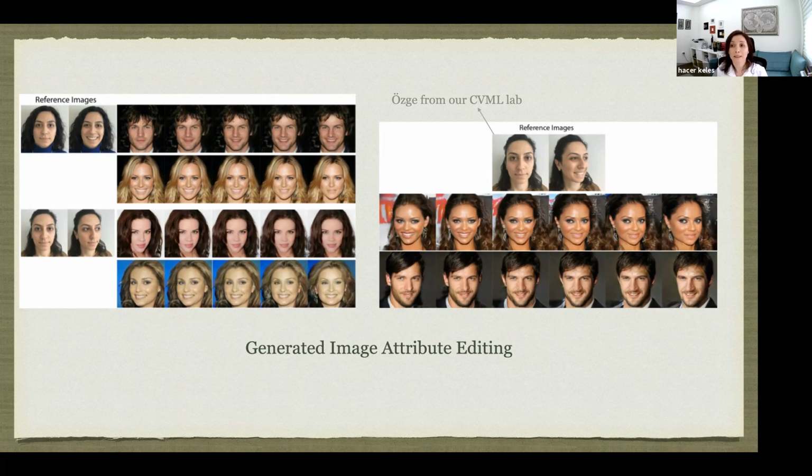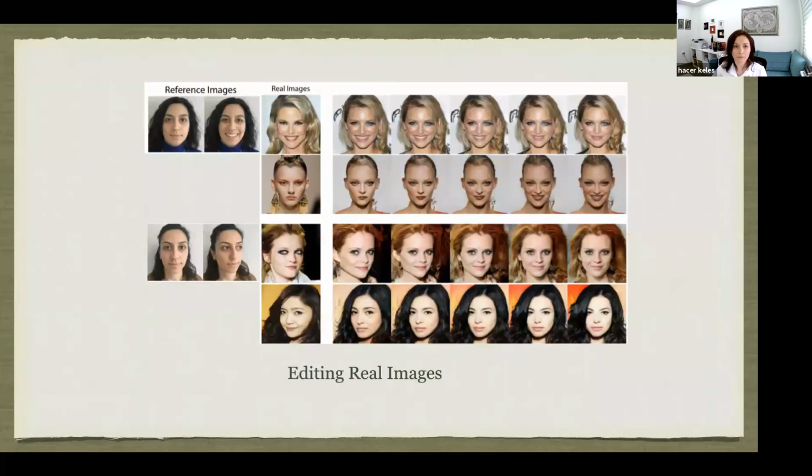As can be seen, the identity of the images is preserved during the interpolations in the computed latent directions, such as eyes, hair, beard, and skin color. Only the aimed attribute changes, as we aim for. These are the results with real image reconstructions. Essentially, after embedding and reconstruction, it is no different from generated image editing.